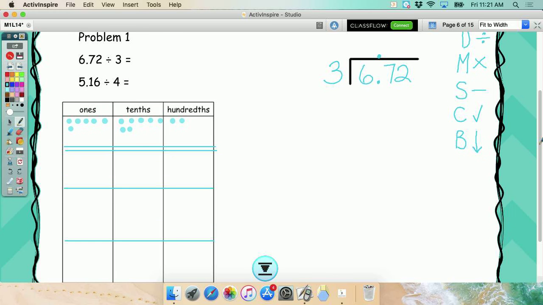Okay, so here's my language that I want you to get used to. I've got 6 ones that I have to put in 3 groups. And they have to be equal groups. So I'm going to pull a stick. Diego, if I have 6 and I'm putting it into 3 groups, how many will be in each group? 2.